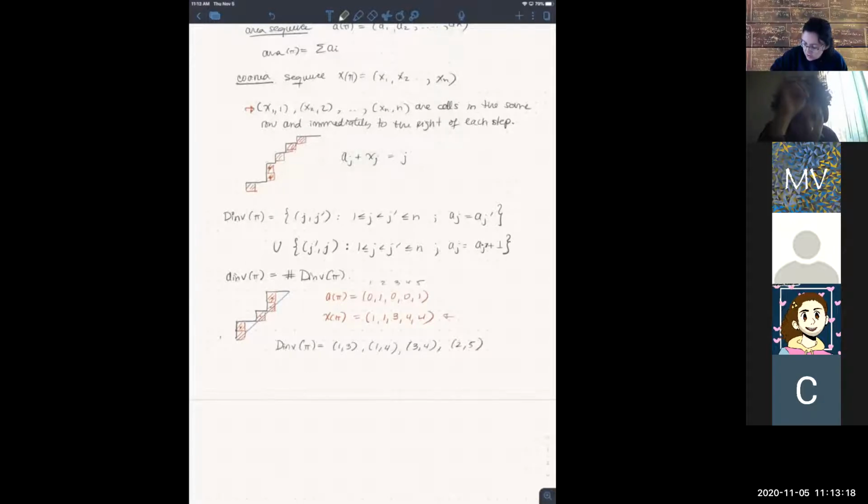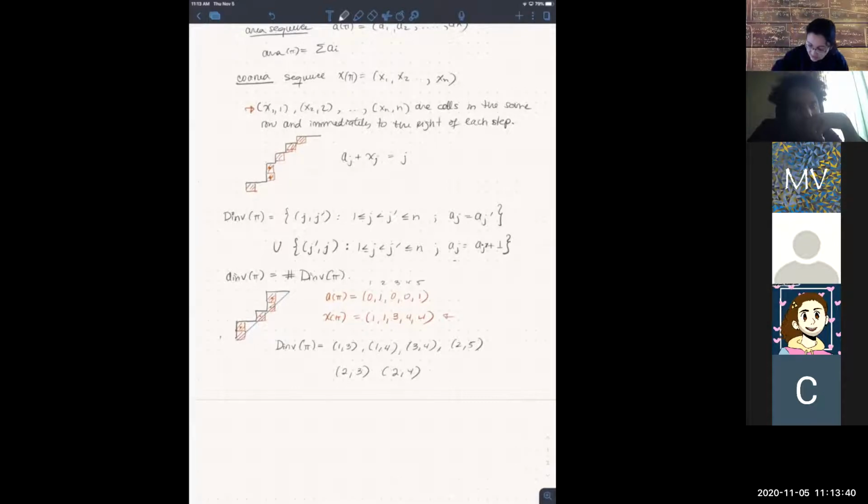Right? And then you want to look at sequences where j is 1 more than the one after it. So we look at 2, 3 and 2, 4, right? Because 1 is bigger than 0 and 1 is bigger than 4. And you wrote j prime comma j. Yeah, and that was exactly what I was going to say. Exactly.